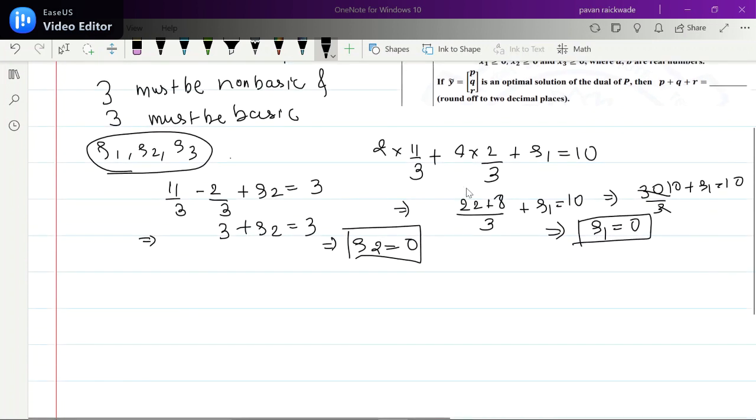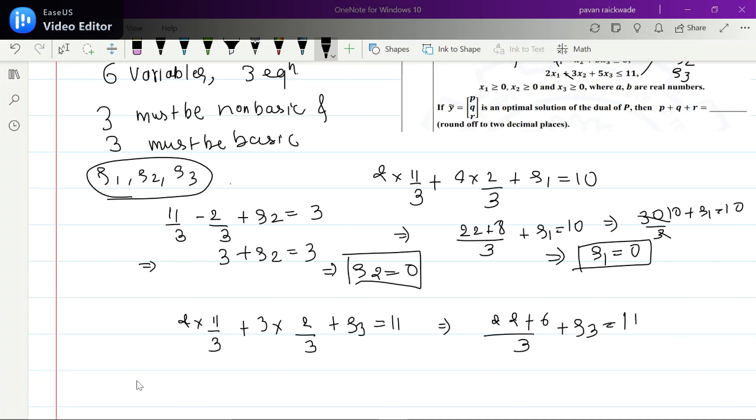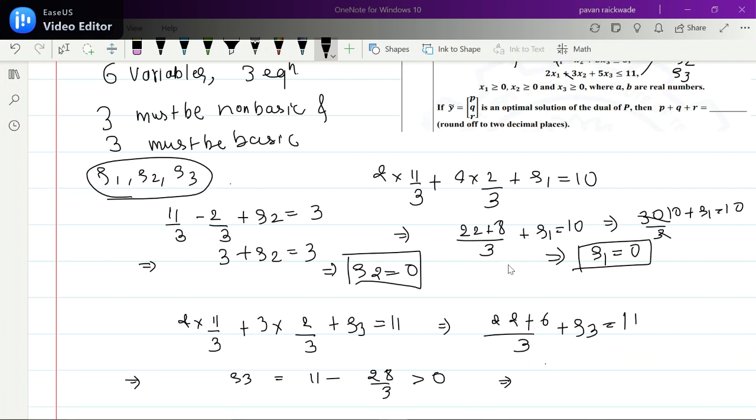Okay, and what about the third equation? If I put 2 times 11/3 plus 3 times 2/3 plus s3 equals 11, which implies 22/3 plus 6/3 plus s3 equals 11, which implies s3 equals 11 minus 28/3, which is positive, right? Which implies s3 is non-zero.